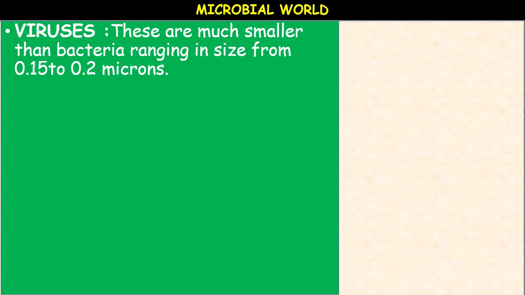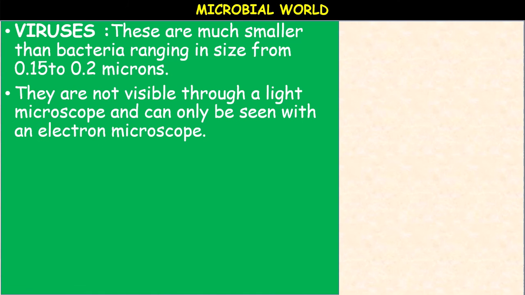Viruses are much smaller than bacteria, or we can say these are the smallest microorganisms. Their size ranges from 0.15 to 0.2 microns. They are not visible through a light microscope and can only be seen with the help of an electron microscope.